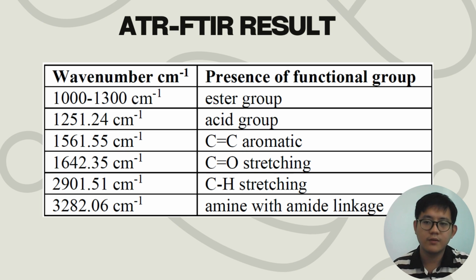Moreover, wave number 1642.35 cm-1 shows the presence of C=O stretching, and wave number 2901.51 cm-1 discloses the presence of CH stretching. Lastly, the further peak at 3282.06 cm-1 confirms the presence of N-H with amide linkage.